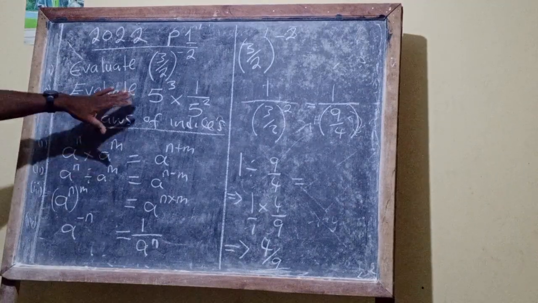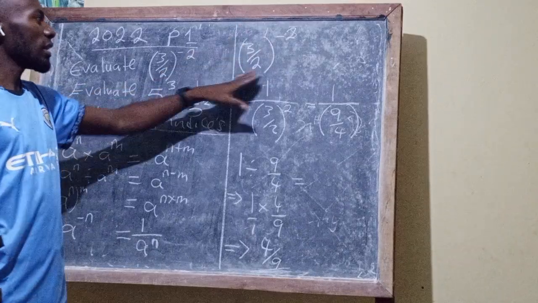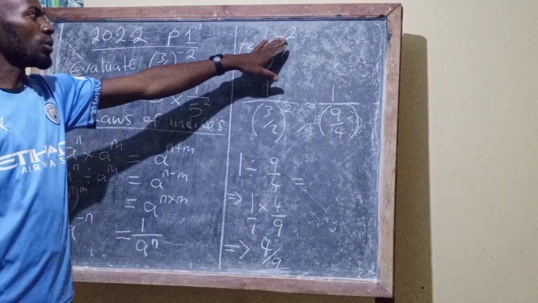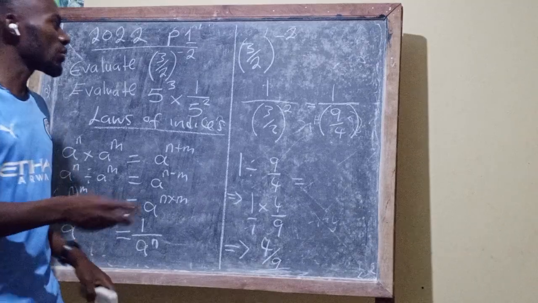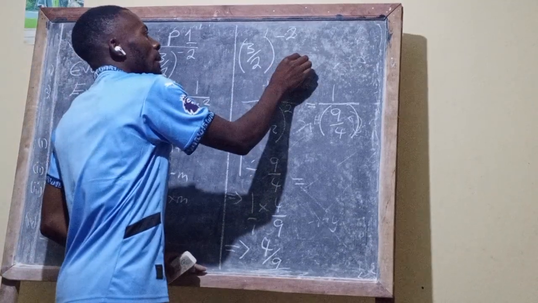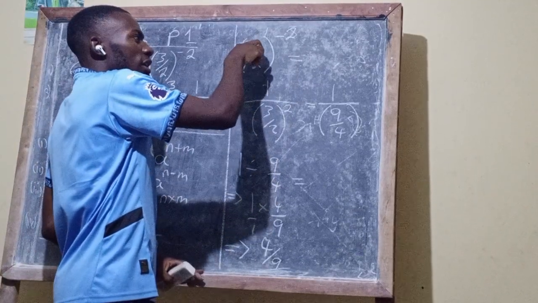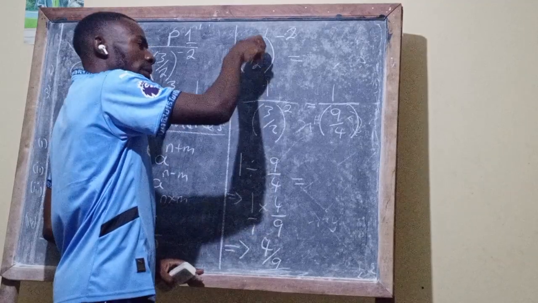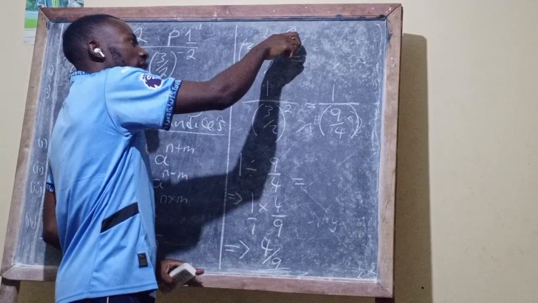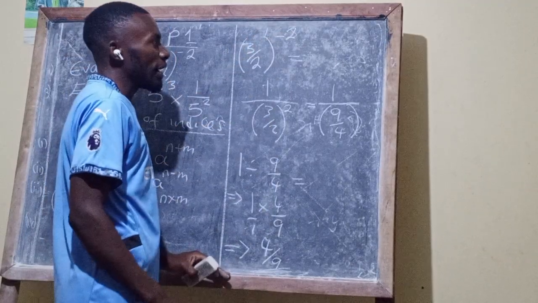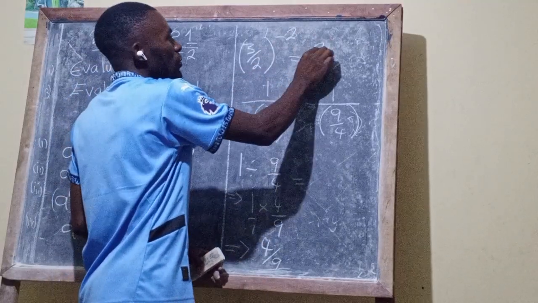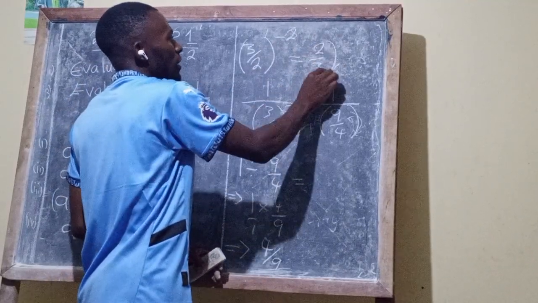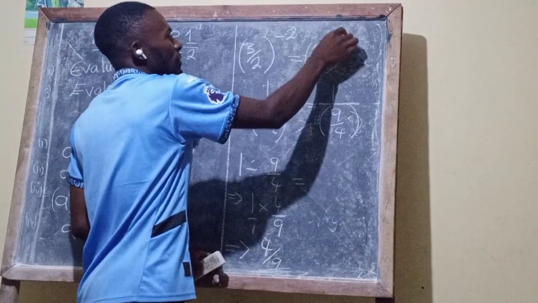So even before we go to the second one, when you look at this arrangement here, which has a negative power, the simplest way you can go with it is by changing these. Let the numerator become the denominator, the denominator become the numerator. Then it carries a positive power. So this means we are going to have 2 over 3 to the power positive 2.